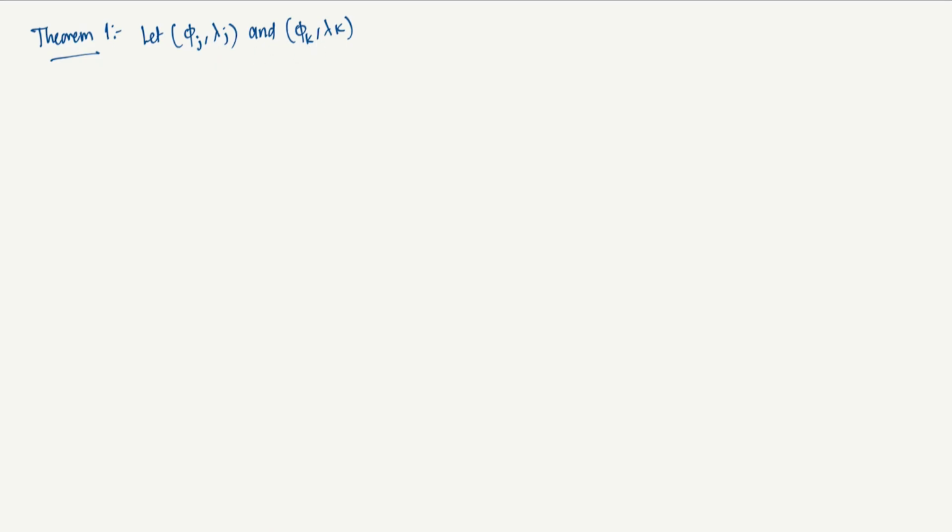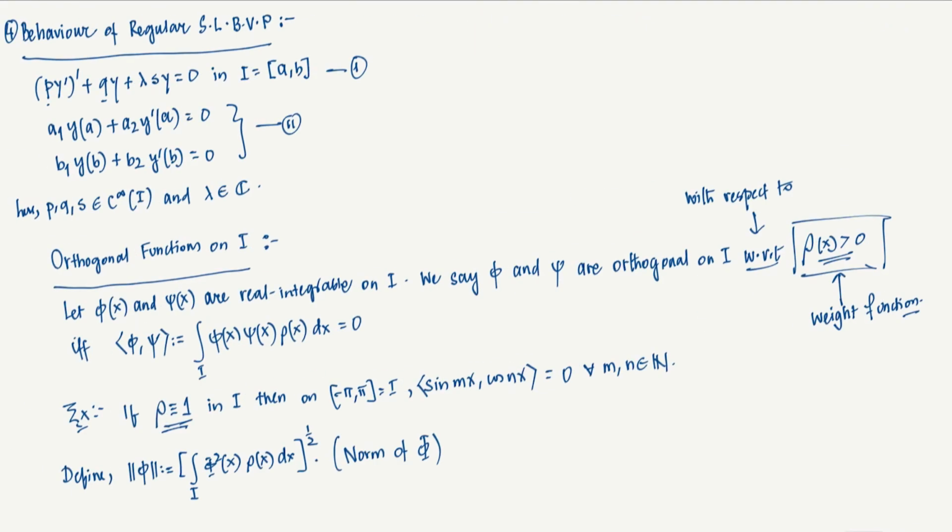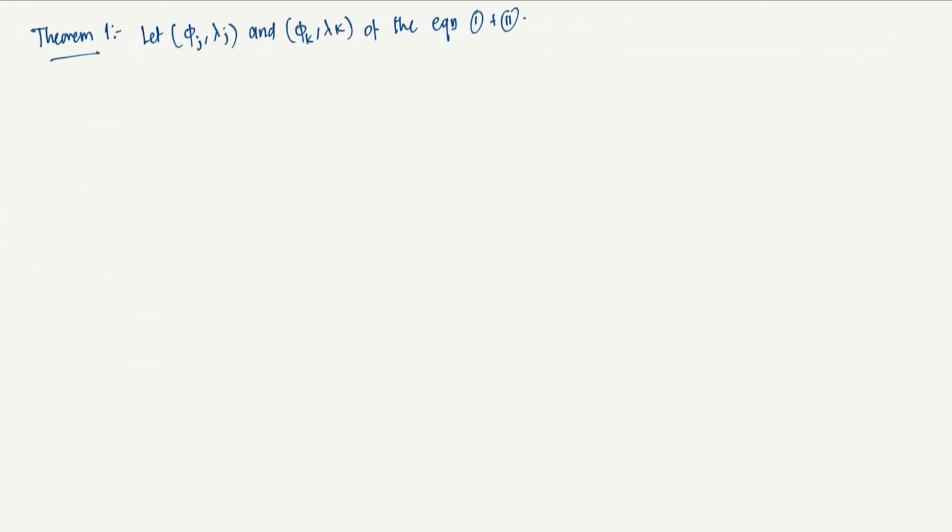Let's say you have two eigenpairs of equations 1 and 2, of equation 1 plus 2. After solving this equation we have two eigenpairs: the first pair is this and the second pair is this. j and k can be anything. It can be 1, it can be 2, some different index essentially.